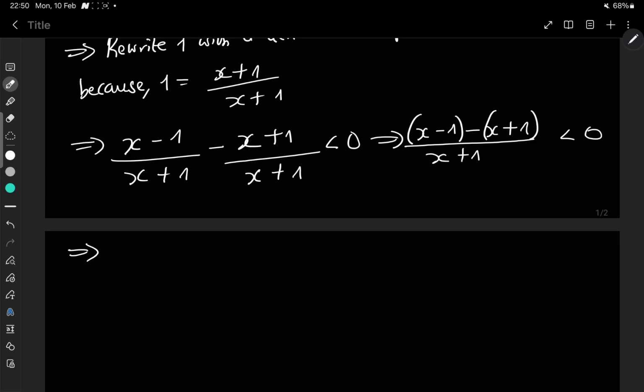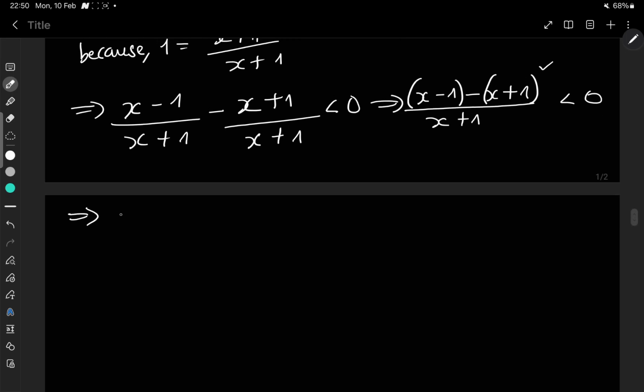We are simplifying the numerator here. We are going to have x minus 1. This minus will multiply x to have minus x, then minus multiplying plus 1, we're going to have minus 1.